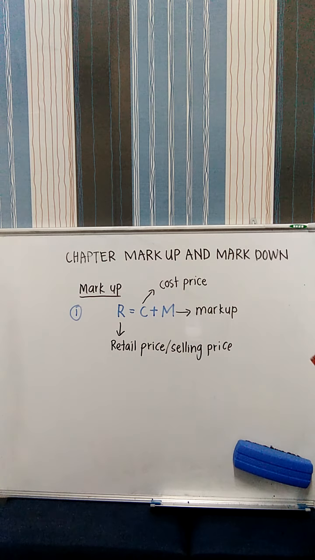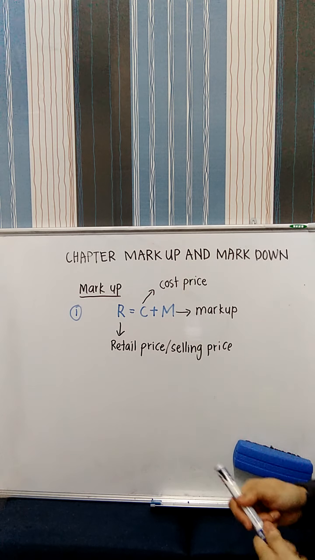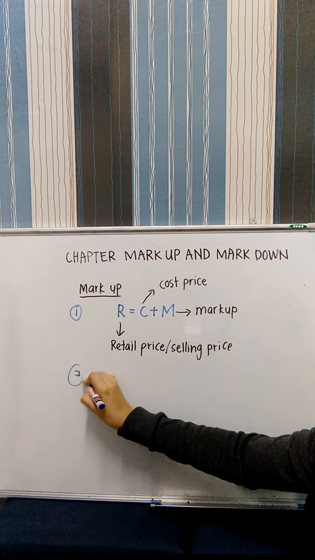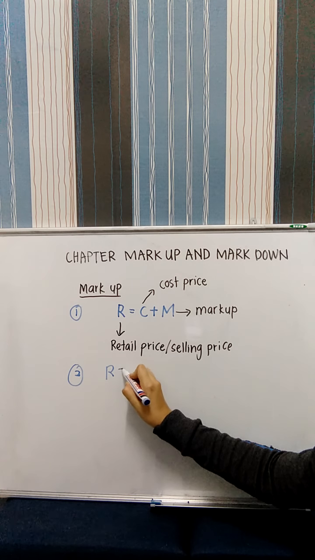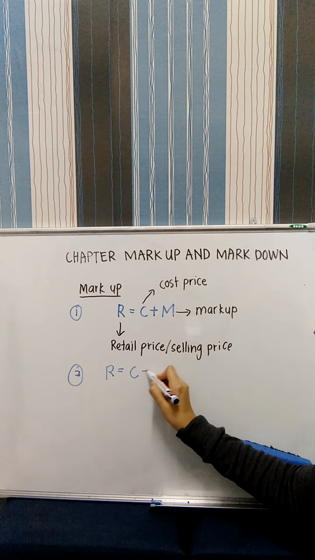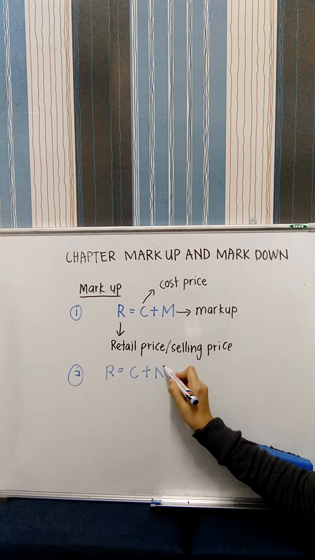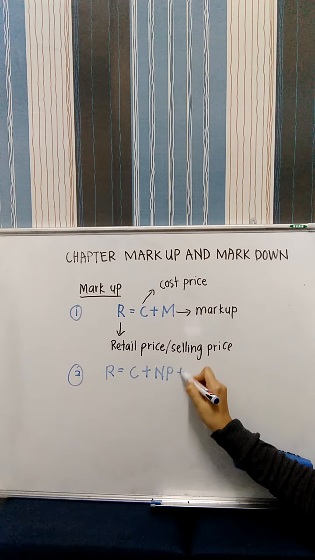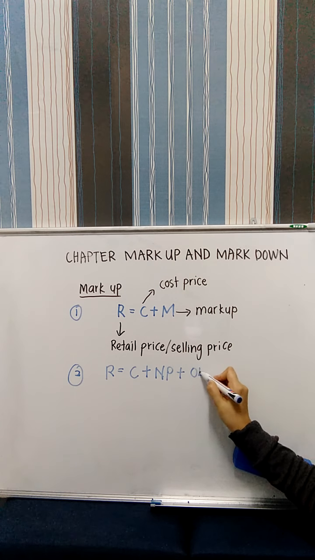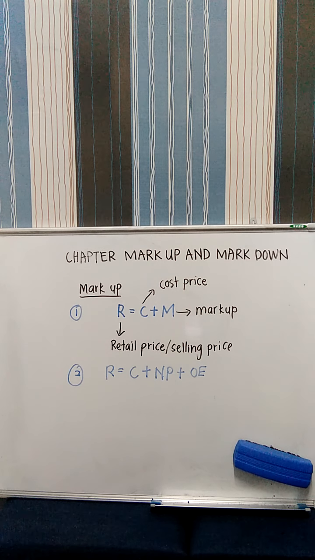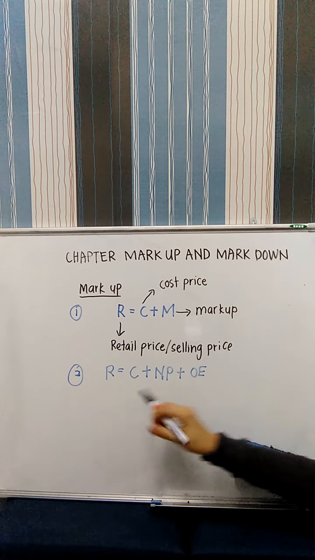Okay, and formula number 2 for markup is R equal to C plus NP plus OE. So what is R?